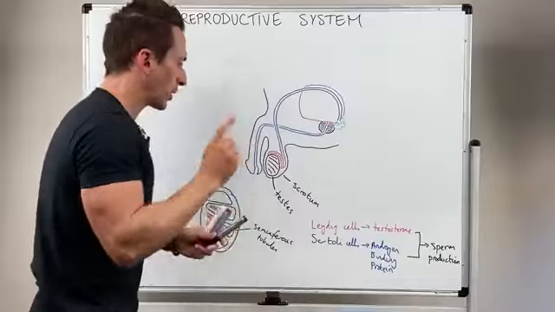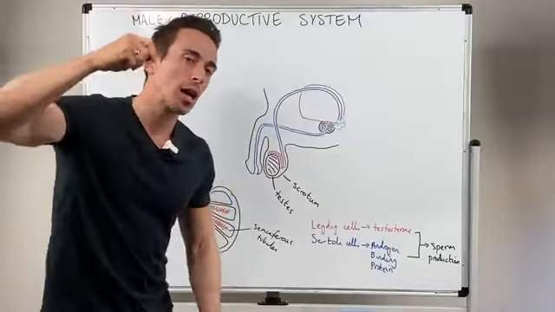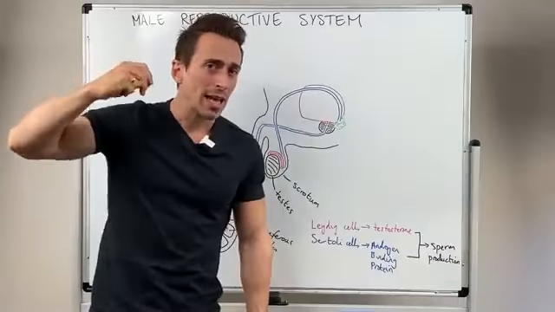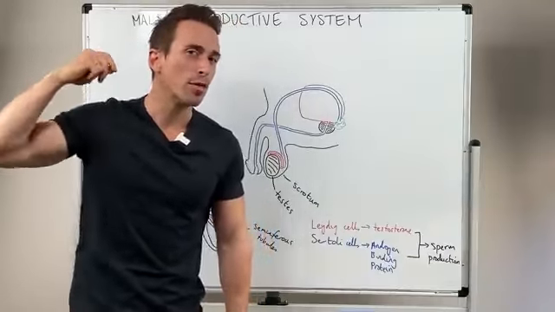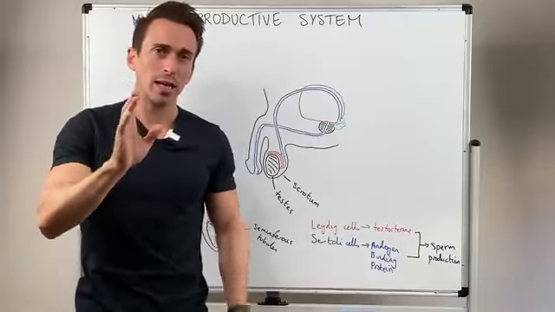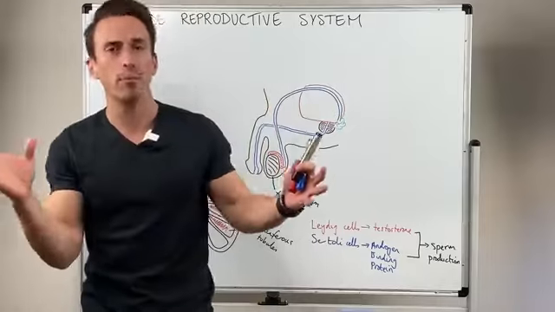Now this is important because you're going to have signals coming from the brain, specifically from these glands that sit underneath the hypothalamus in the brain, called the pituitary gland. And the pituitary gland has two lobes, an anterior and posterior.